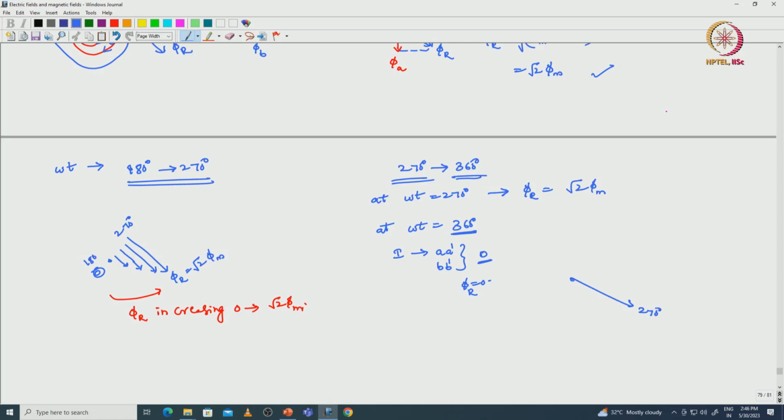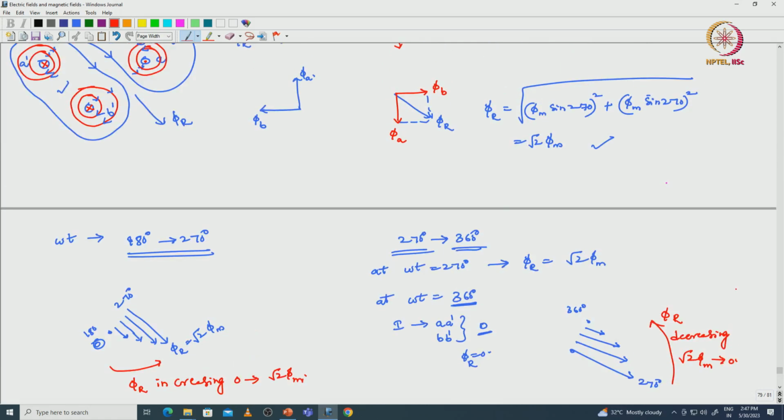From 270 to 360, the vector angle will not change, only the magnitude is coming down in this manner. This is at 360 degrees. So from 270 to 360 degrees, the resultant flux vector magnitude is decreasing from root 2 phi m to 0.